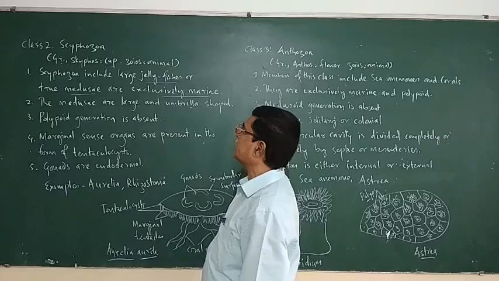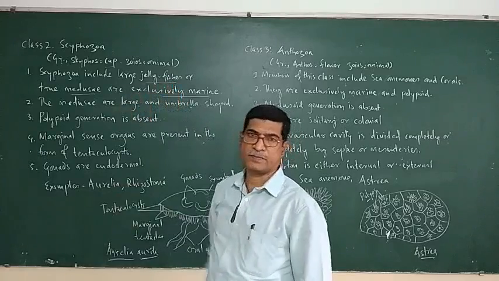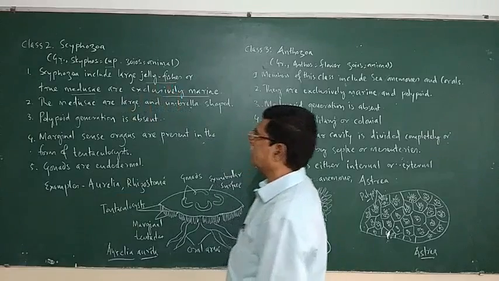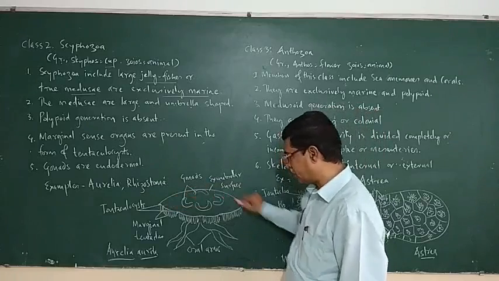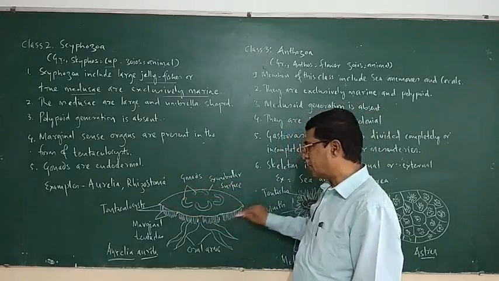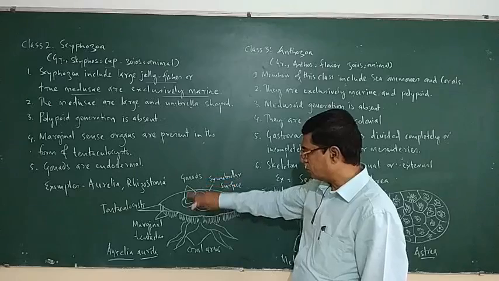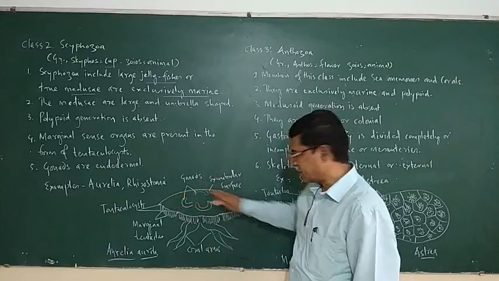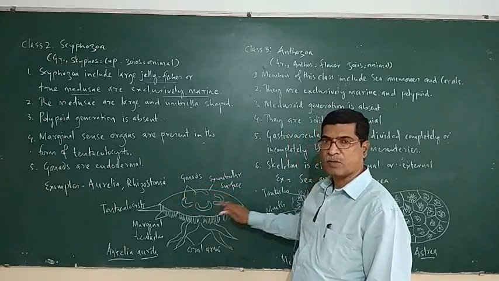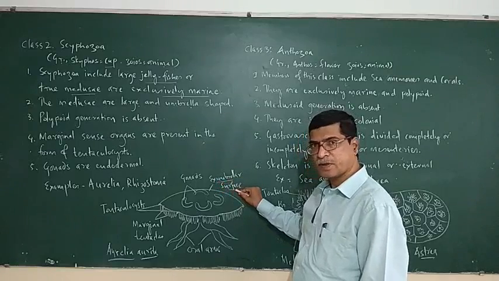This class includes jellyfishes or medusae. The medusae are large and umbrella shaped. So the convex surface of the jellyfish or medusa is called the ex-umbrella surface.